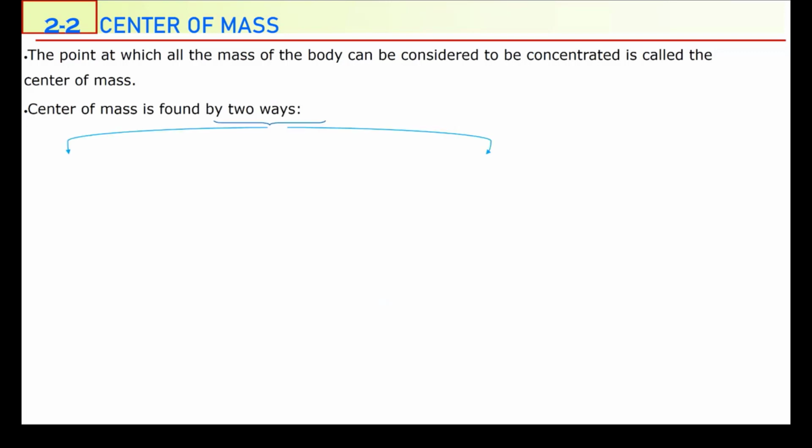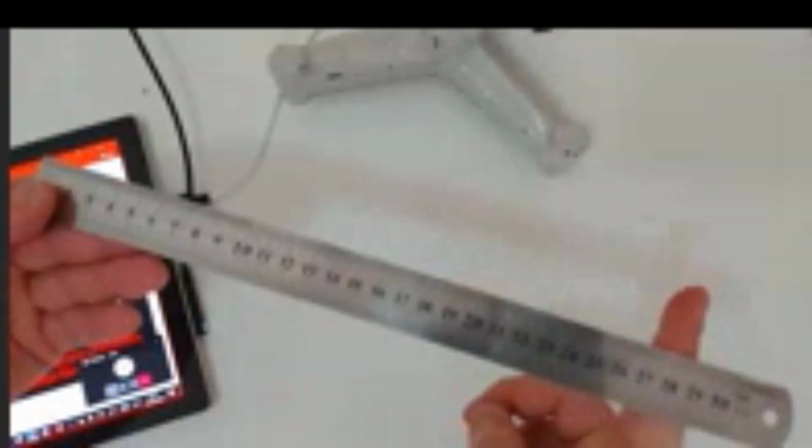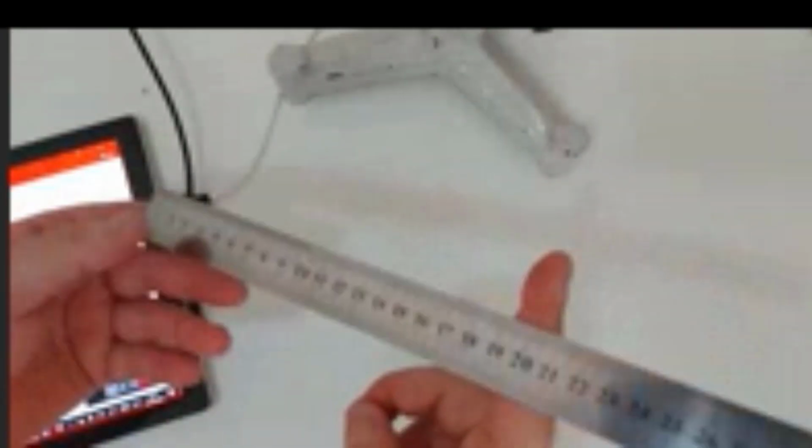One of them, you can support an object from its center of mass. Then, if the object stays in equilibrium, that point is the center of mass. I want to find the center of mass of this ruler. I will start supporting it from different points.